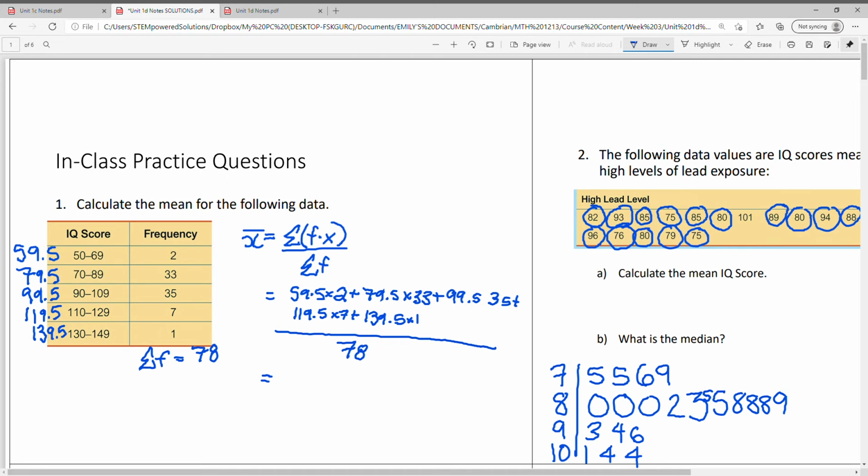All right, so if we do the multiplication for the numerator, we get 59.5 times 2 plus 33 times 79.5 plus 35 times 99.5 plus 119.5 times 7 plus 139.5 multiplied by 1, and that equals 7,197.5.